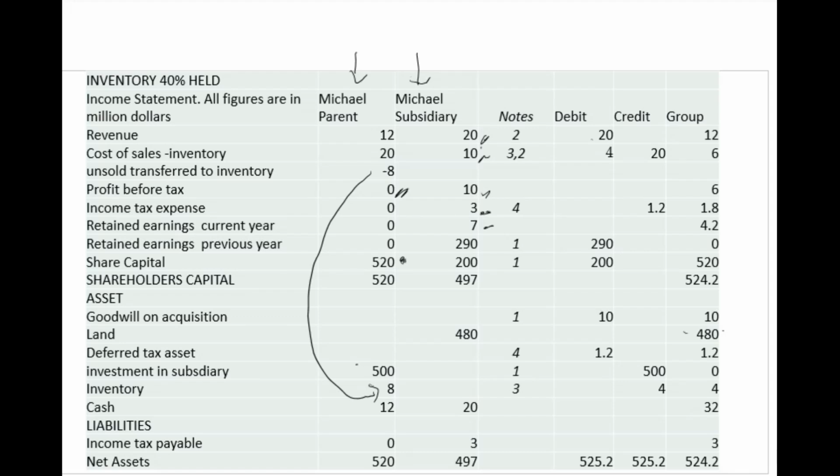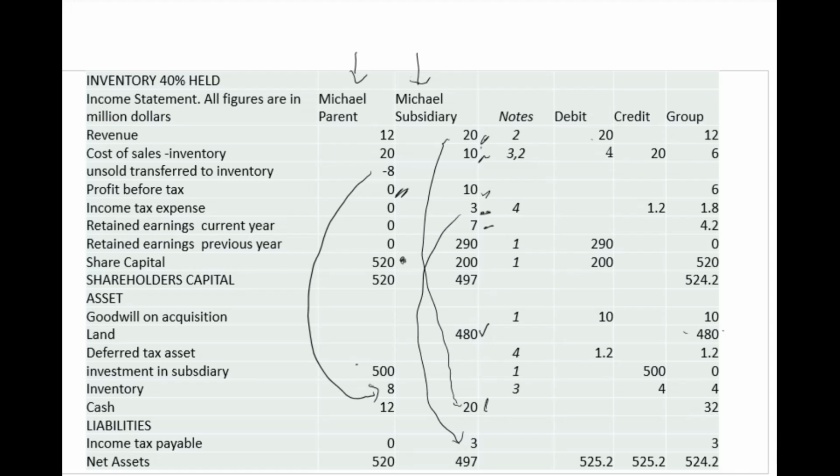Now, because income tax expense is 3 million, it's a real transaction, there's income tax payable of 3 million. Michael subsidiary still has the land, and there is cash that was earned by sale of revenue of 20 million.